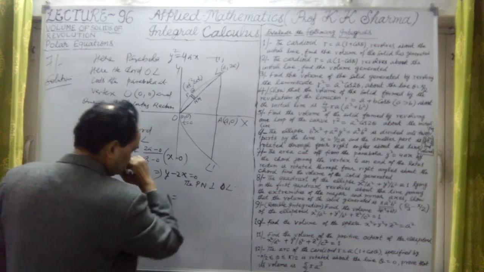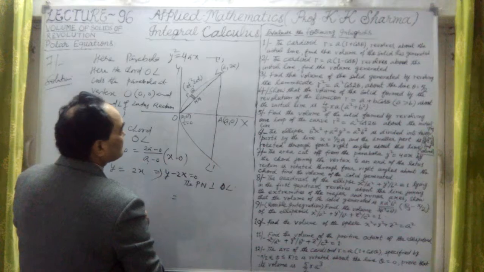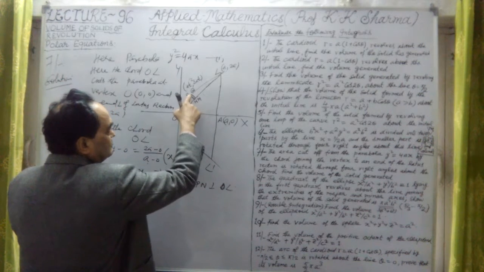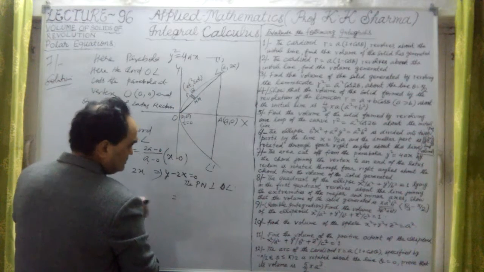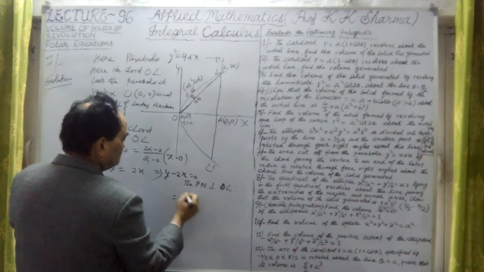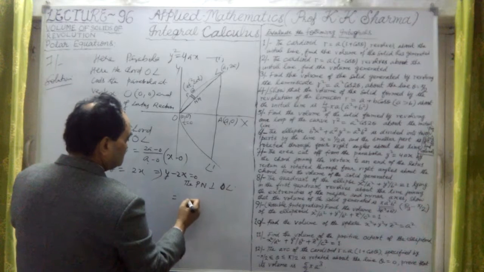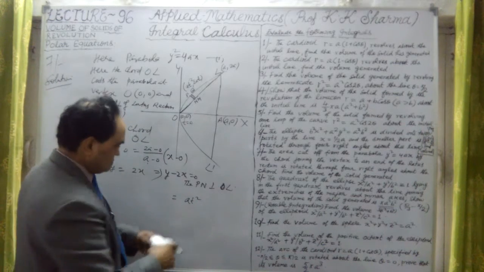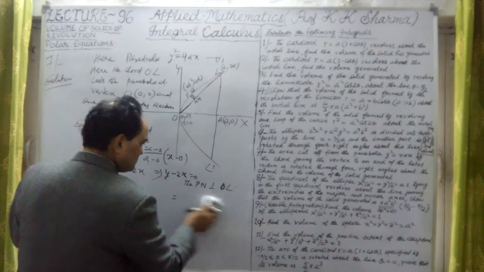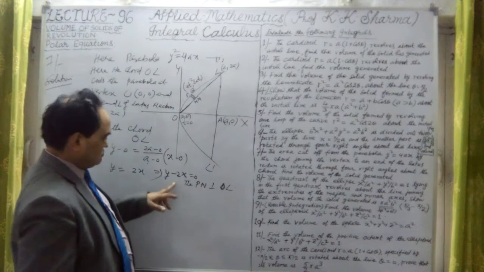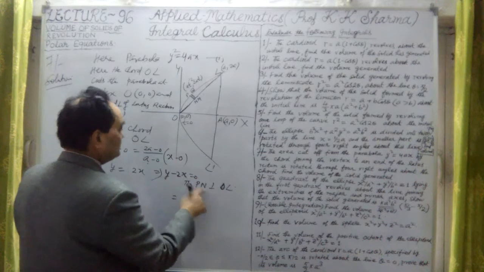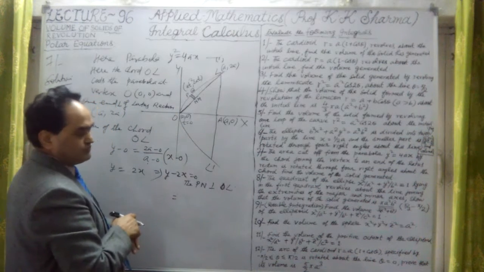It will be equal to, because the coordinates of P are at square and 2at, so if I put the values in, this is the x coordinate, upon 1 square plus 2 square, means under root 5, that will be in the denominator. So PN is perpendicular to OL.